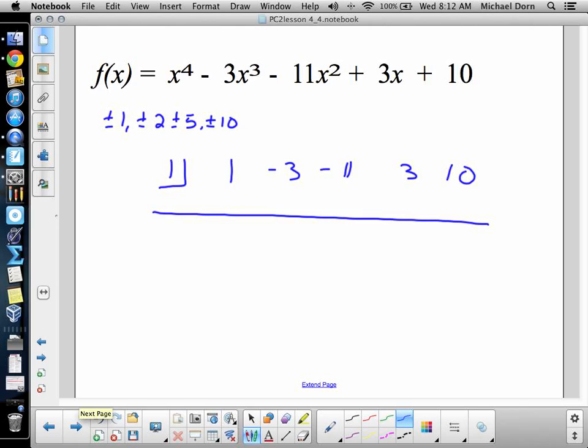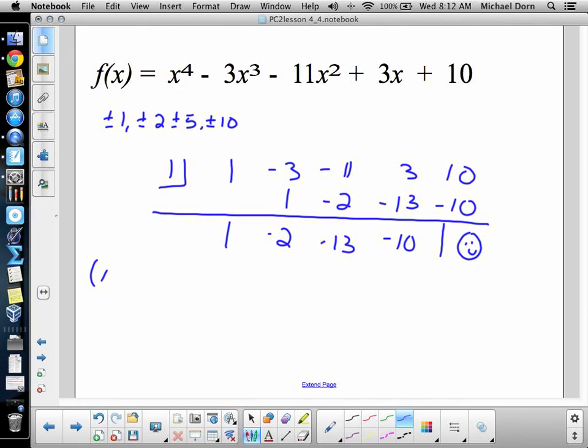It's going to work. 1 times 1 is 1. Negative 3 and 1 is negative 2. Negative 2 is negative 13. Negative 13, negative 10, negative 10. Happy face. I've just found one of the rational roots.